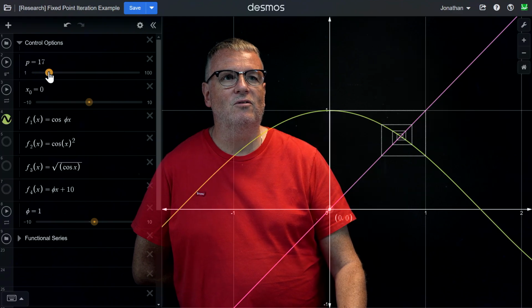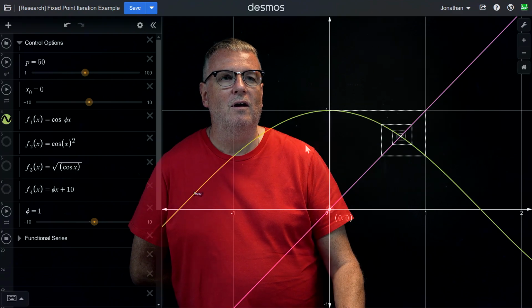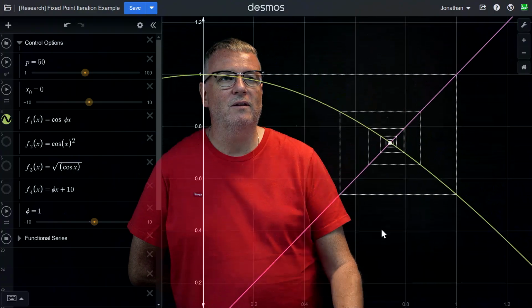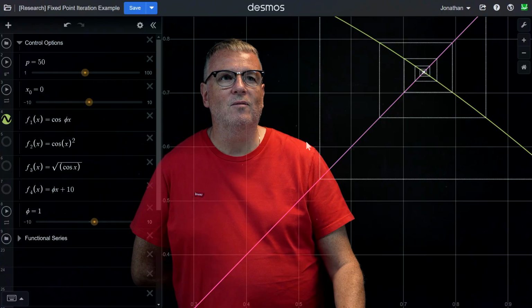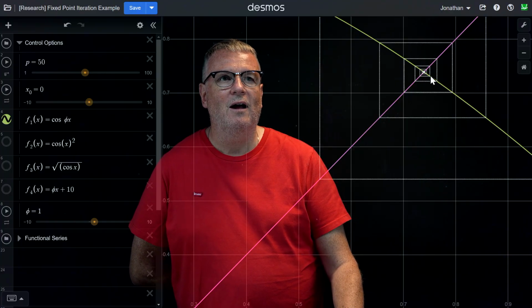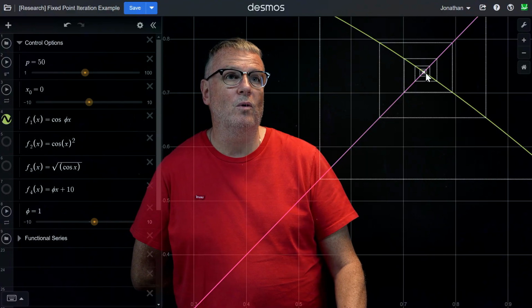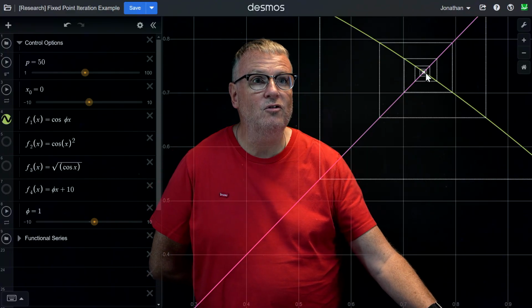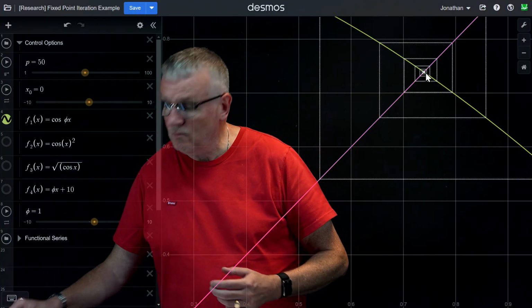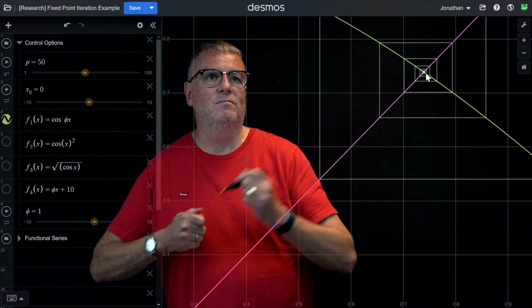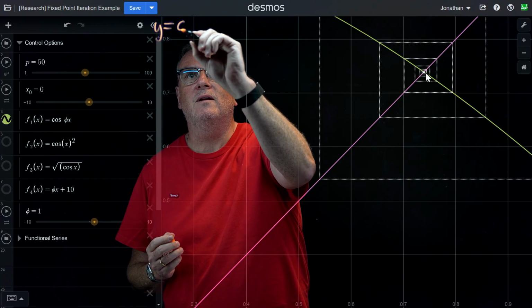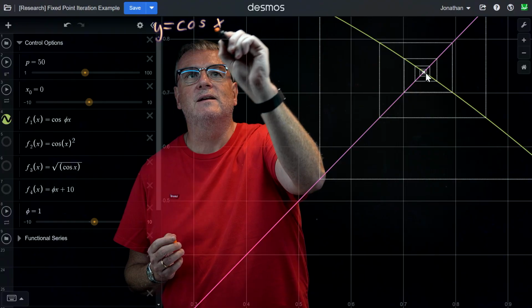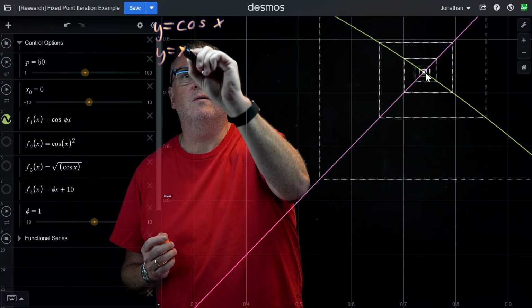And what you can see is, it's rather lovely, it's a bit like a black hole. These lines get pulled in. I can zoom in here. They get pulled in like this and fall into this sort of well. And eventually the number that it gives is this point where the two lines meet. Well, as I said to you before, the green wiggly one is y equals cosine of x, and the mauve one is y equals x.